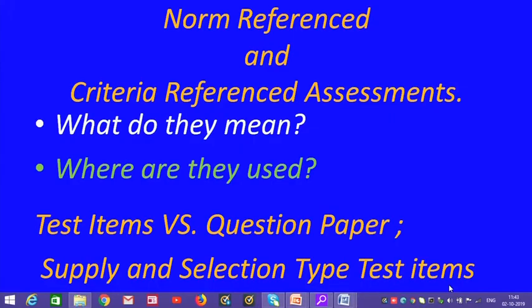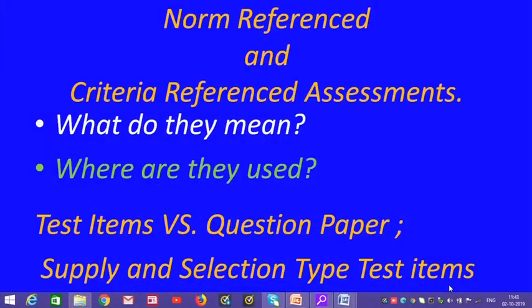Supply and selection type test items. Supply type test items are those where the students have to write down justifications, solve problems and write essays. These are supply type test items.